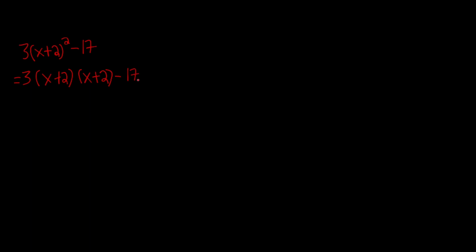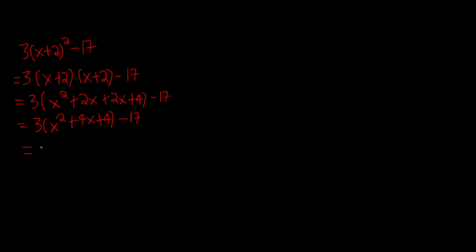minus 17. So from here, we can FOIL the sets of brackets, which is going to give me 3(x squared plus 2x plus 2x plus 4) minus 17. Now, collecting like terms on the inside is going to give me 3(x squared plus 4x plus 4) minus 17.